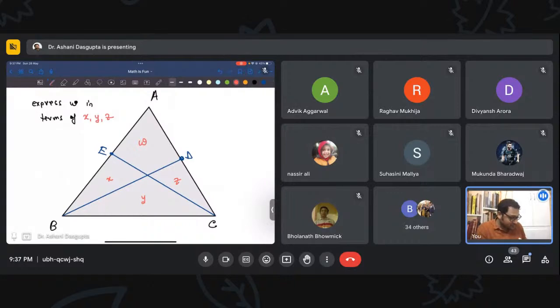And if it helps, you can actually draw, so let's call this point M. You can draw the other cevian, and you can call this Y1 and Y2. So you know Y1 plus Y2 is Y, and you know the value of Y. And this is W1 plus W2.